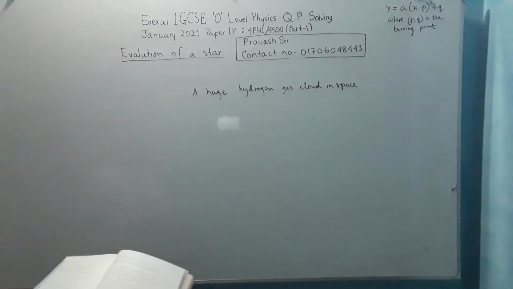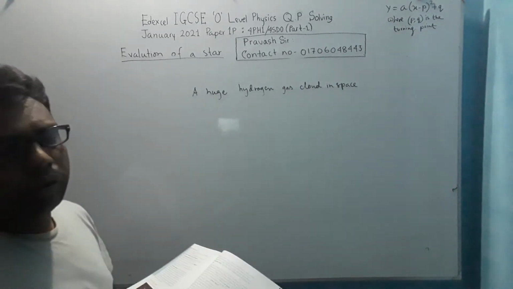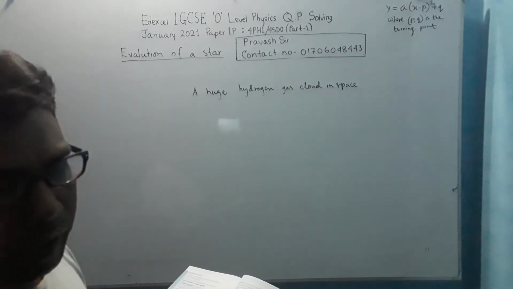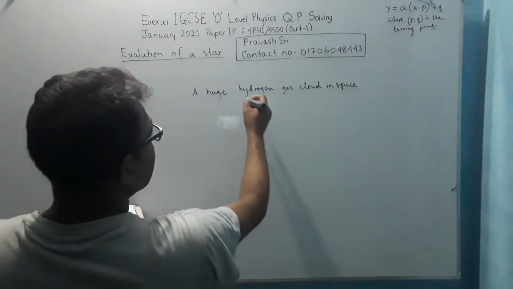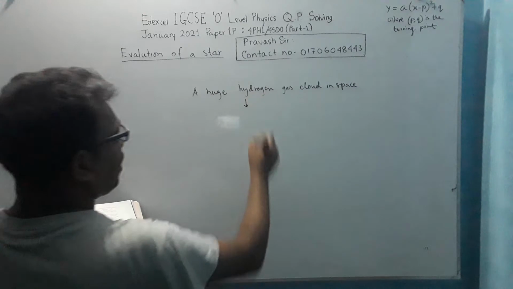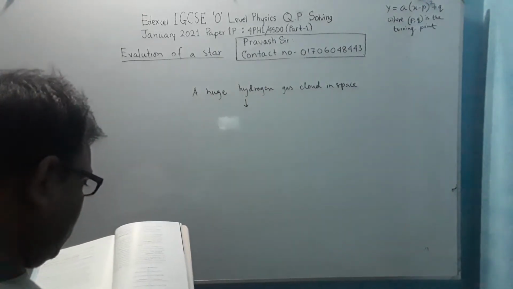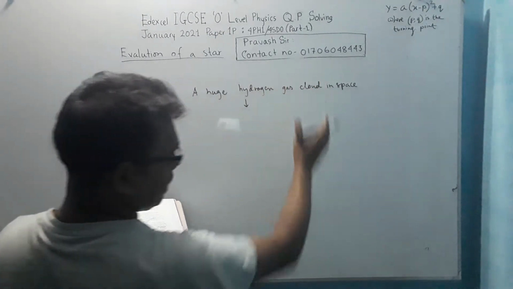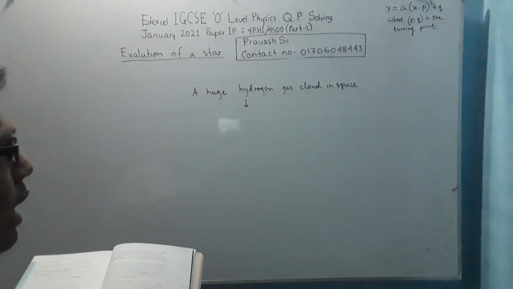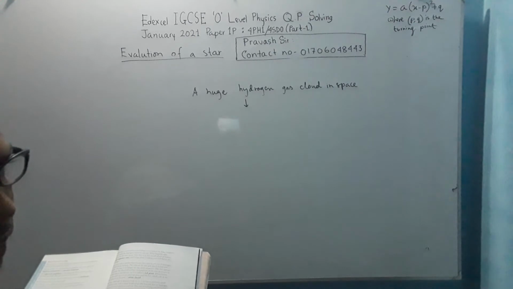And this is nothing but a combination of gas and particles like hydrogen gas. So the first stage is the nebula, and that nebula then turns into the stage called protostar.